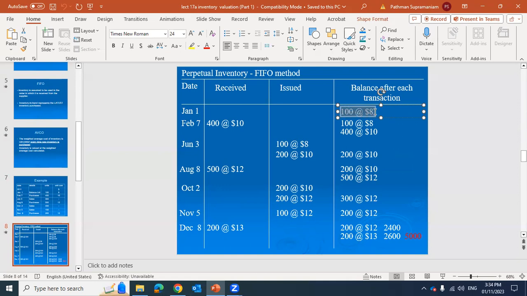We do not record it straight away as $800, as doing so, we would not be able to capture the units and the price per unit. What I want to maintain all the time is to be able to see the units and the cost per unit. That's why I did not record it as 800, but rather as 100 at $8. So this is the balance of inventory at the start of the period.